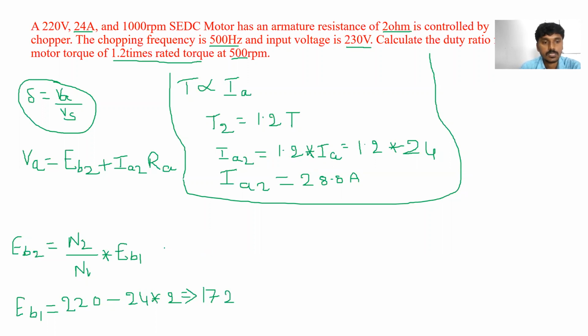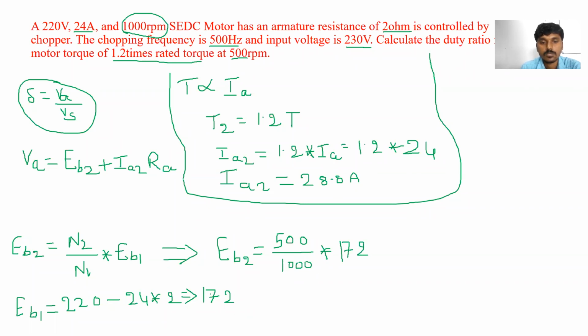Okay, so we can substitute in this equation. EB2 is equal to N2, which is 500, divided by N1, which is 1000 RPM, the rated operation. 500 upon 1000 into EB1, which is 172.